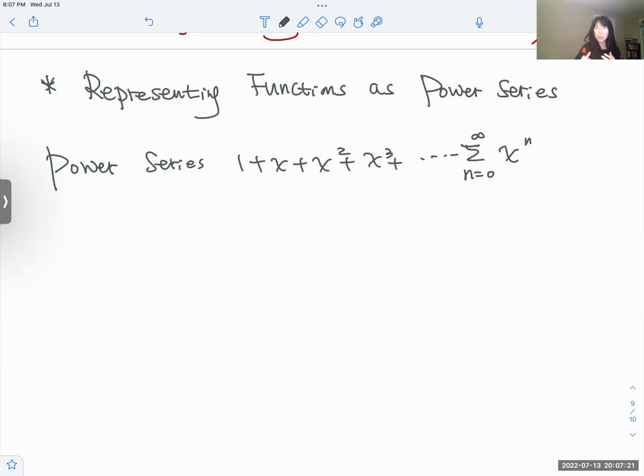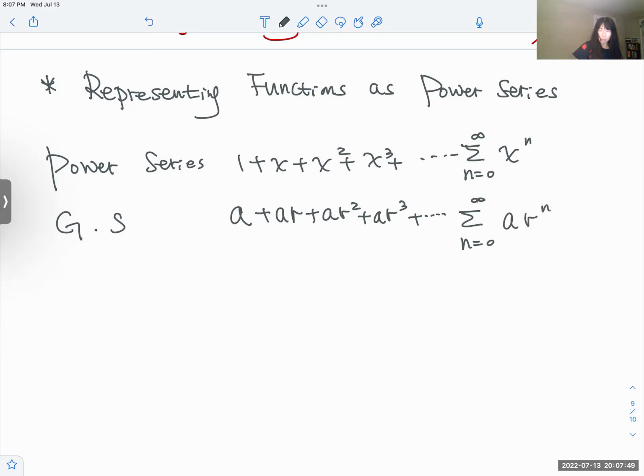A geometric series is a plus ar plus ar squared plus ar to the third power, which is summation n equal to 0 to infinity of a r to the n.